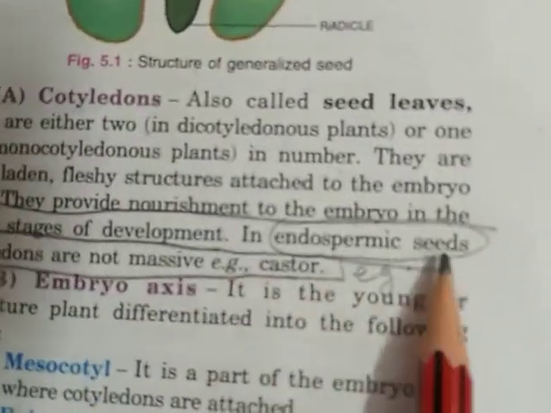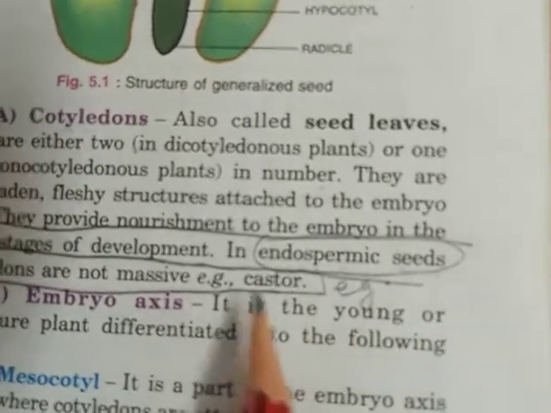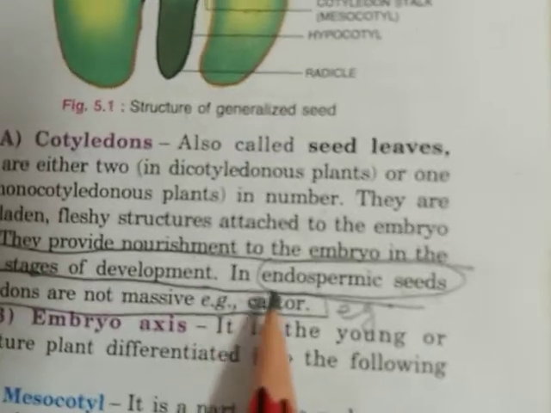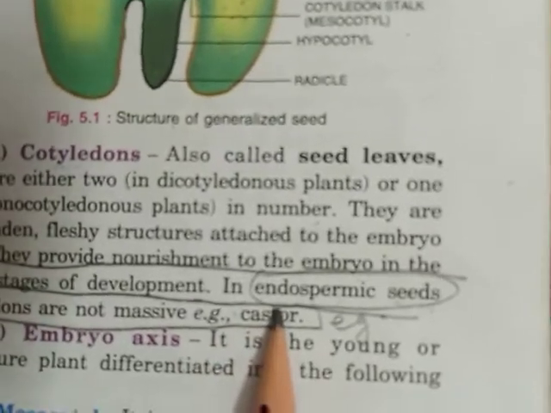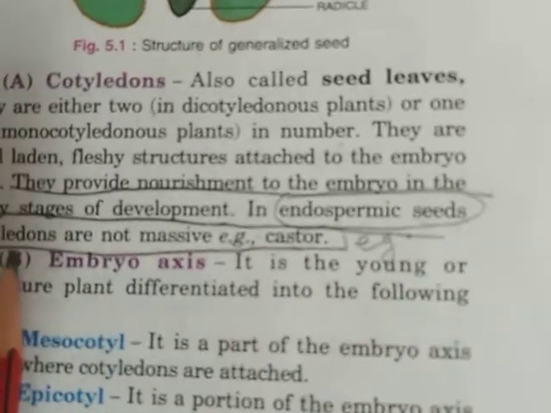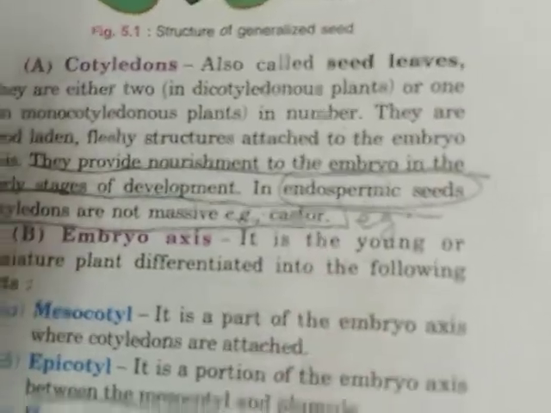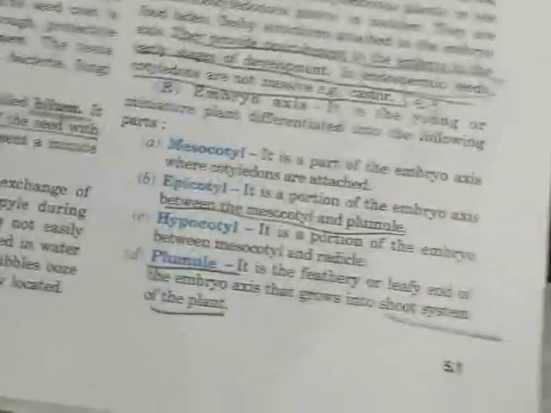Endospermic seeds means the seeds which have endosperm, and this endosperm provides nourishment to the growing embryo. The example is castor. So in endospermic seeds, cotyledons are not massive, and the food is stored in the endosperm.